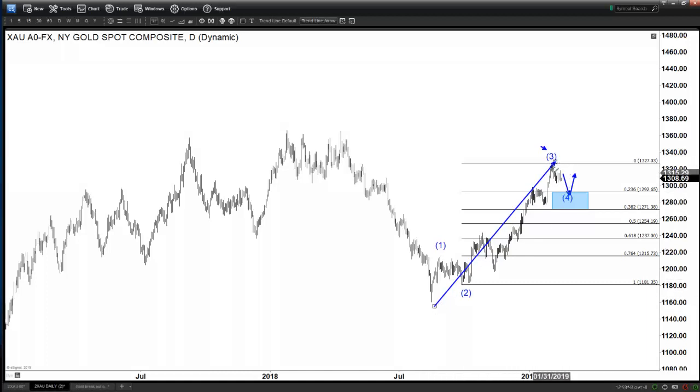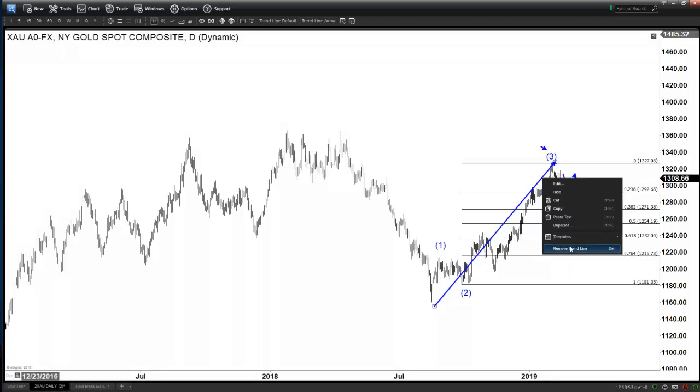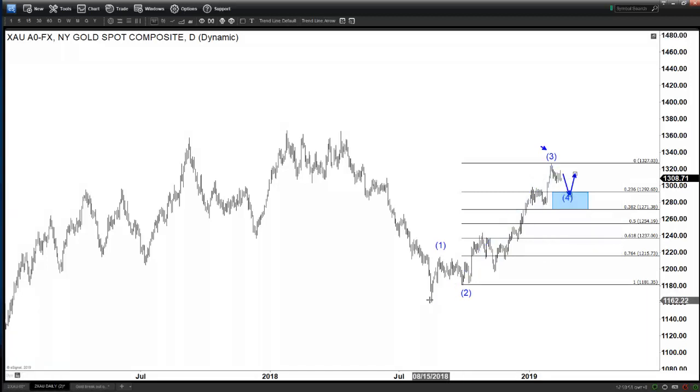So typically when a cycle is ending and you are correcting that cycle, you will see ideally a decent pullback around, let's say, 38.2, 50% retracement of the whole cycle, right? So the alternate is going to be ending this cycle, and then you will get a deeper pullback.